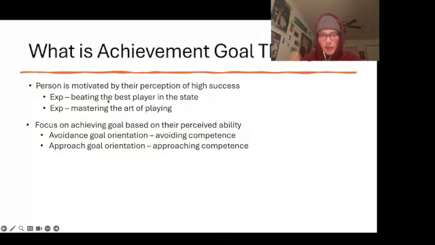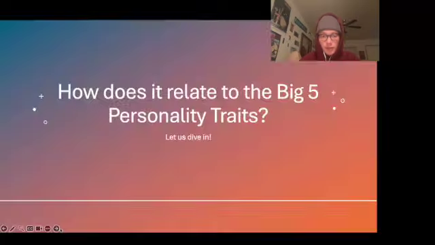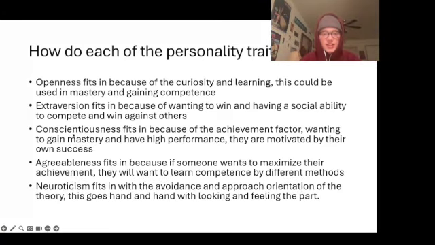So whether that's, like we said, beating the best player in the state or mastering the art of playing, conscientiousness here is having that high performance, and having that high performance, they could be either mastering their skill, they could also be motivated by their own success. Whatever that looks like for them, conscientiousness, achievement goal theory, boom.